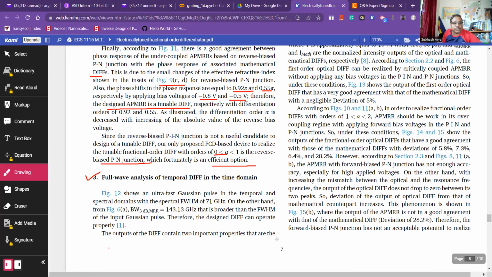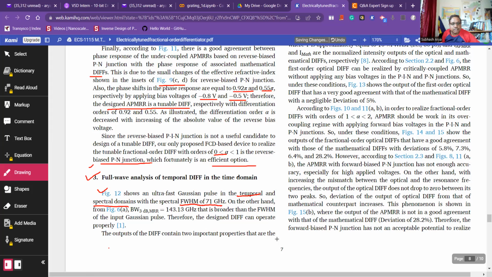We start from here. Full wave analysis of temporal differentiator in the time domain. Figure 12 shows an ultra-fast Gaussian pulse in the temporal and spectral domains, with the spectral full width at half maximum of 71 GHz.